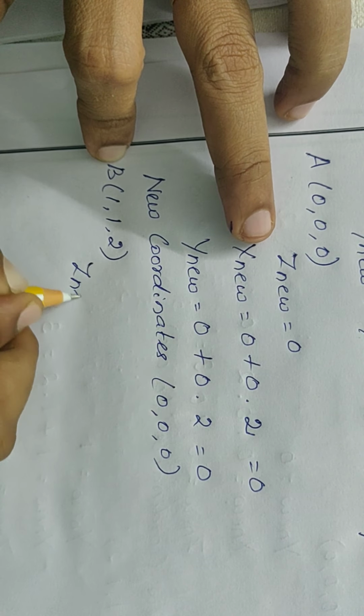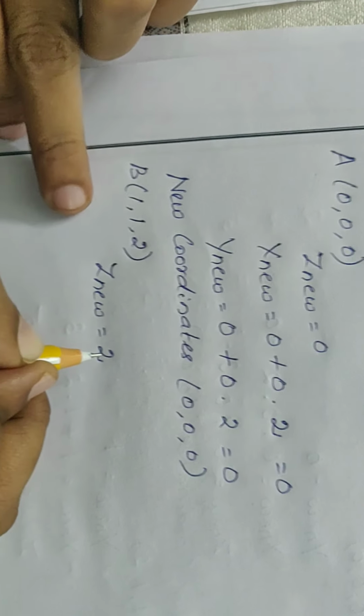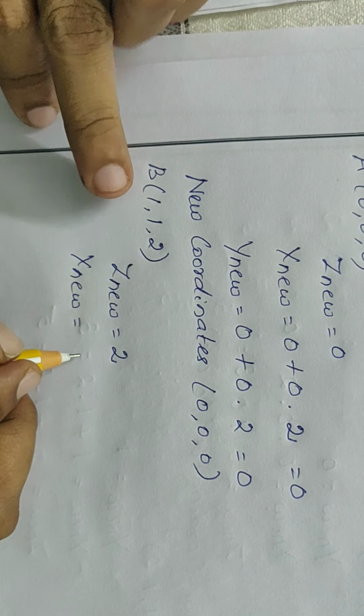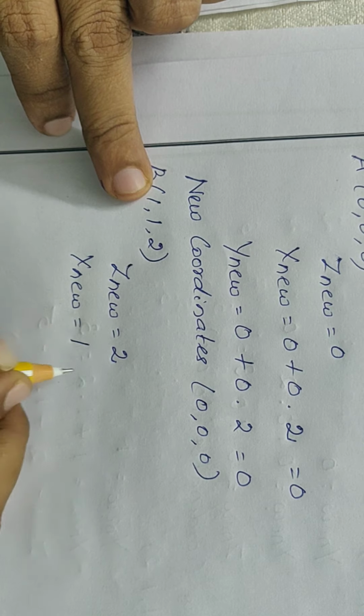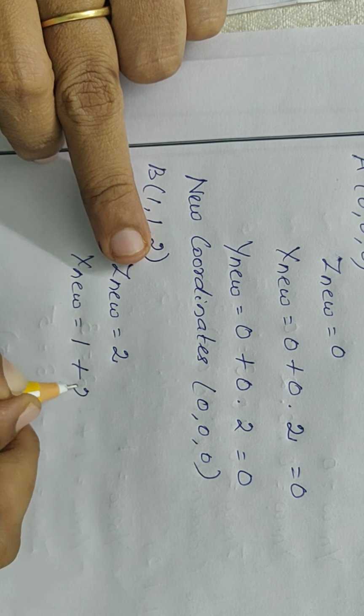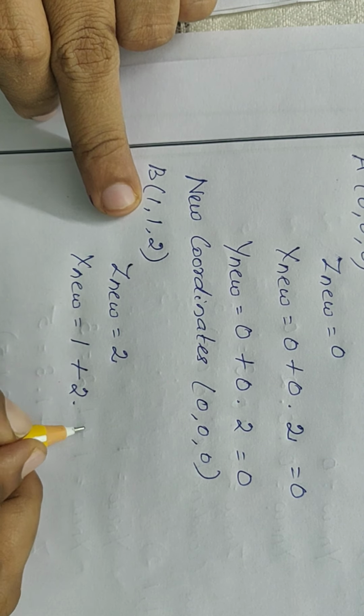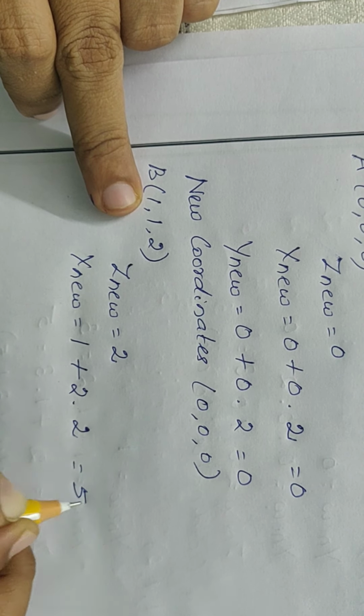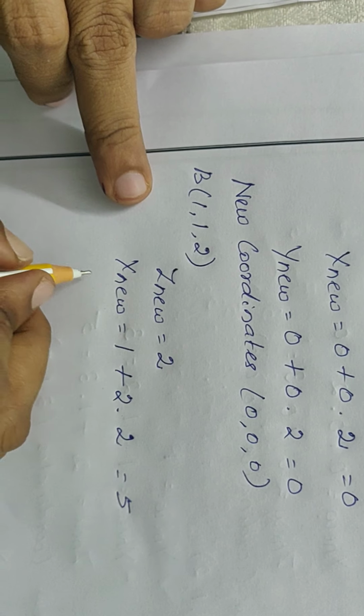Coming to the next endpoint, it is 1, 1, 2. Right? Z new is equal to z old, which is 2. X new is equal to x old, 1, plus z old, 2, into shear factor along x axis, it is 2. So 4 plus 1, 5. Right?